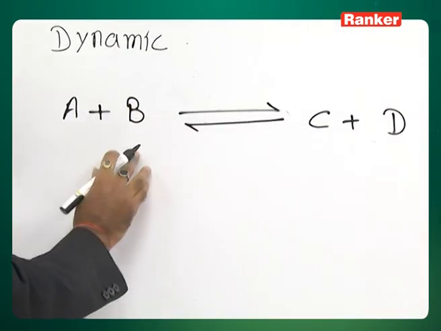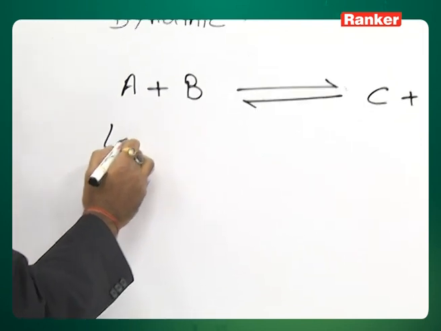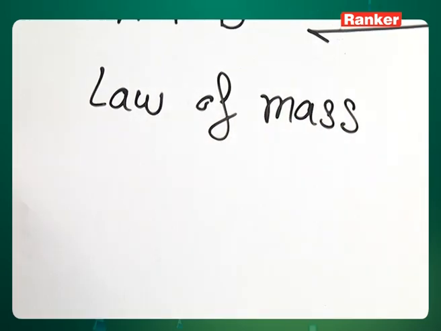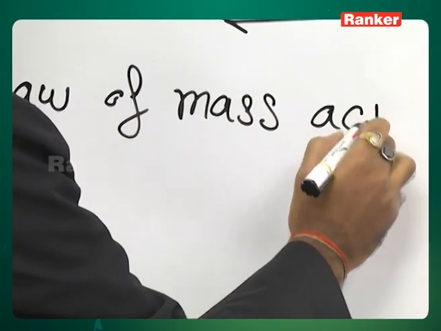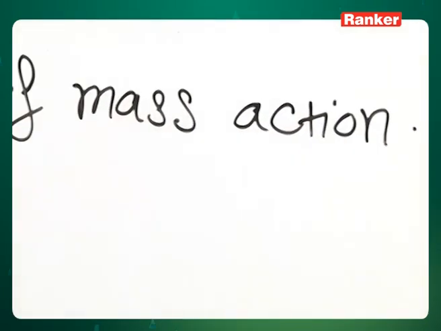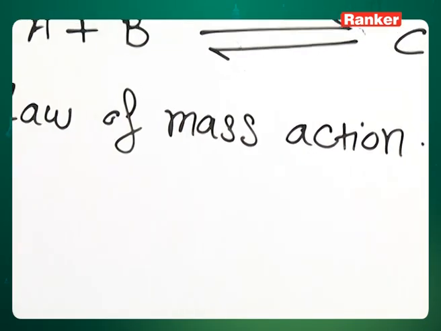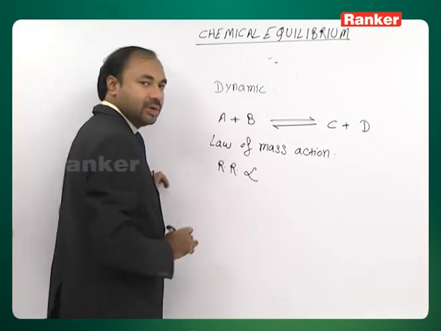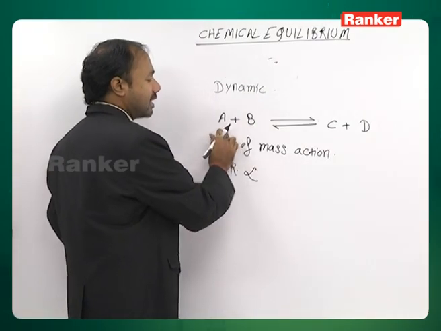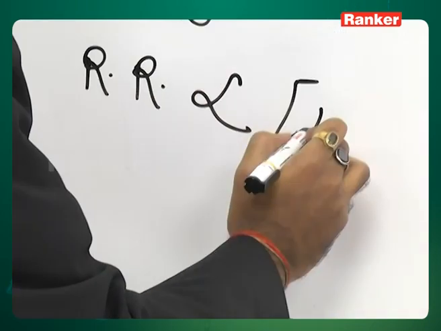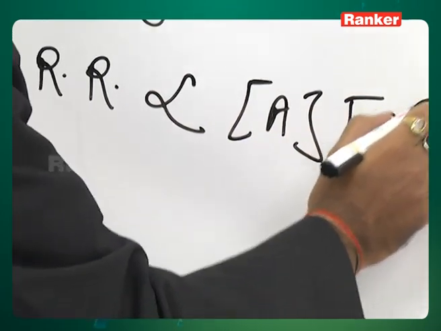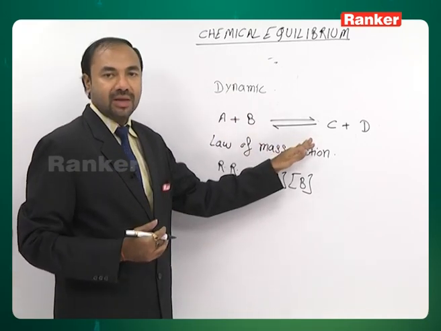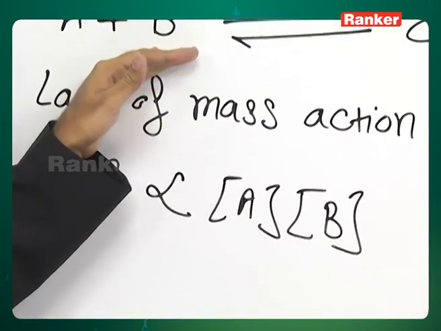Now, if we go for the law of mass action, which was given by Guldberg and Waage, two scientists, then according to the law of mass action, the rate of a reaction is proportional to the product of the concentrations of reactants, concentration of A into concentration of B, raised to some powers, and if the reaction is elementary, then the powers become the same as the stoichiometric coefficients.